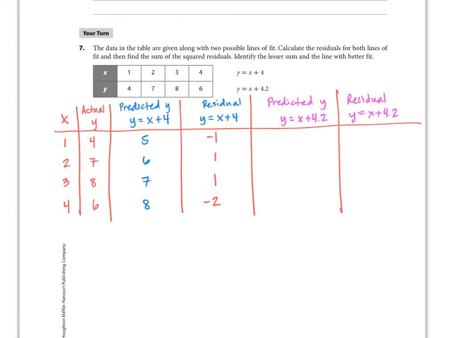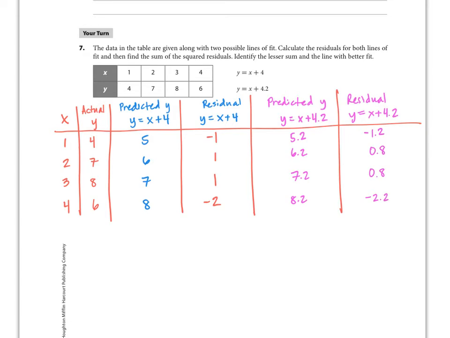So I'm doing 1 plus 4.2 is 5.2, and then 2 plus 4.2 is 6.2, and then 7.2, 8.2. When I subtract the actual, okay, look here in the second column, actual minus my predicted y value for that equation, I get negative 1.2, I get 0.8, 0.8, and what is this last one? Negative 2.2.